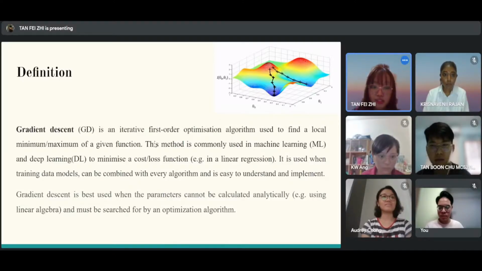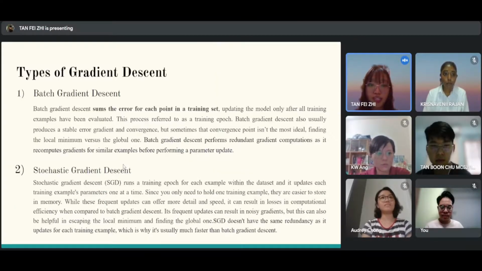Gradient descent is best used when the parameters cannot be calculated analytically and must be searched for by an optimization algorithm. There are three types of gradient descent. The first one is batch gradient descent. Batch gradient descent sums the errors for every point in a training set, updating the model only after all training examples have been evaluated.